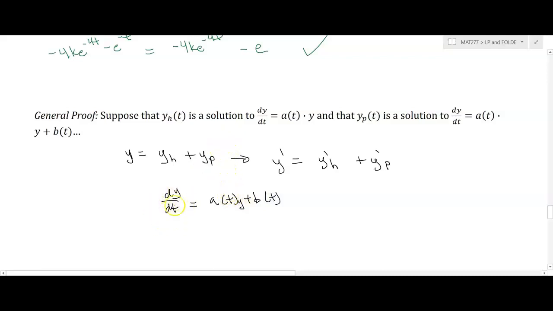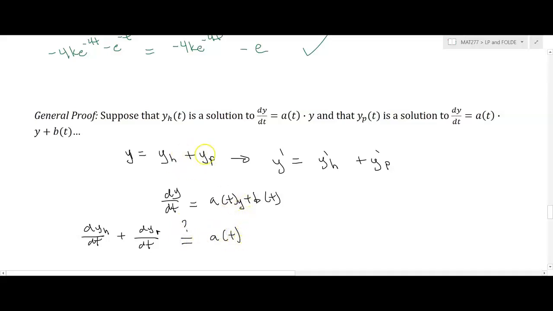So the derivative of y is going to be y prime of h, or I'm going to write it as dy h dt, and y prime of p I'll write as dy p dt. And does that question mark equal a of t times y?